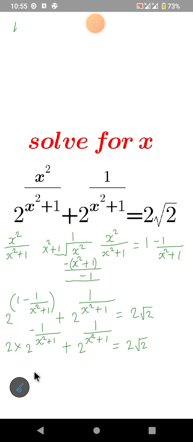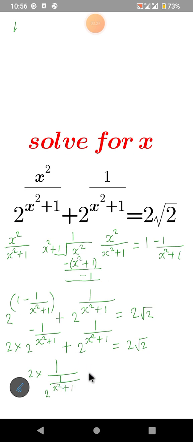So the next step, I'll write this again. Now this 2, I'll write as 2 multiplied by, then this expression I'm going to change into this format using the law of indices. This minus will become 1 all over 2 raised to the power of 1 all over x squared plus 1.